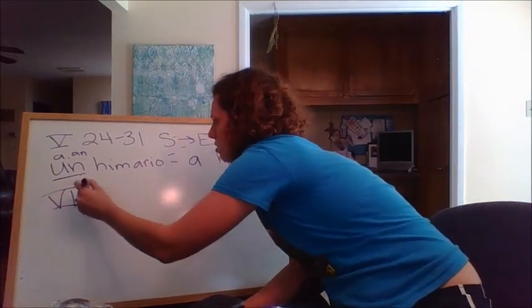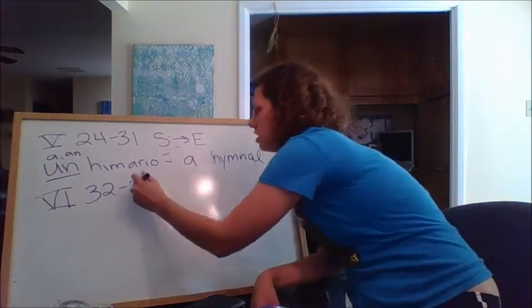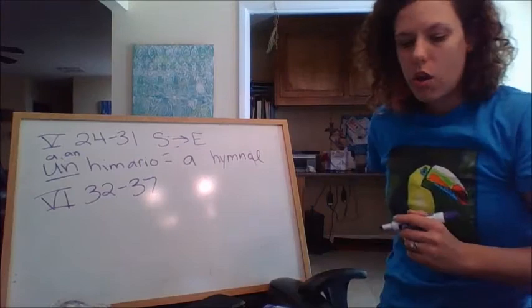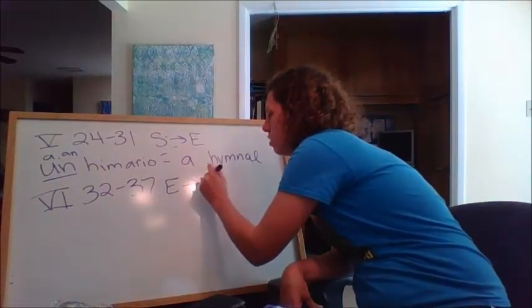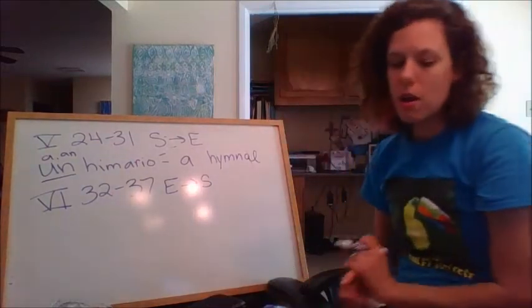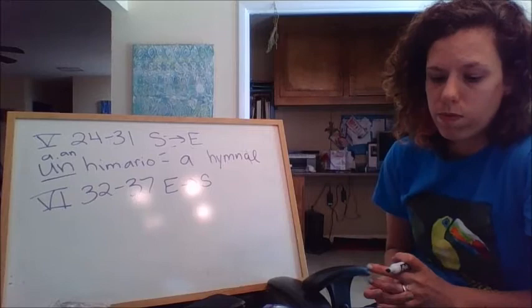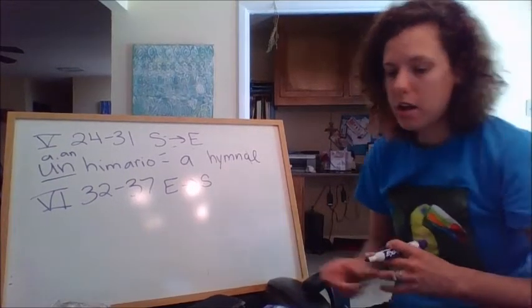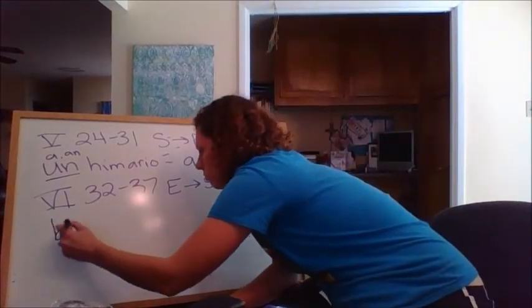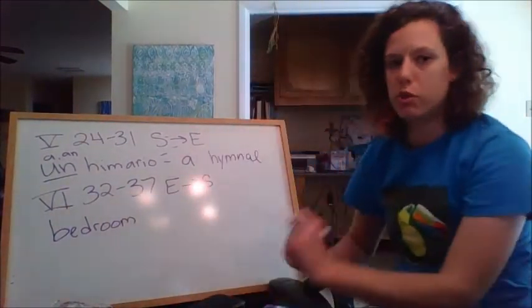For 6 is 32 through 37. Now, I'm going to give you the English word, and then you are going to have to give it to me in Spanish. For this one, you don't have to include the article. I did not include the article. I just said something like bedroom.